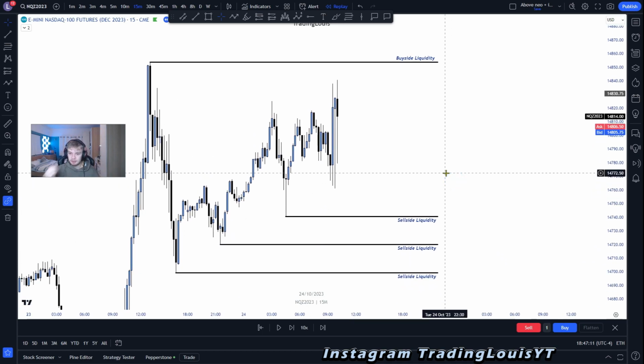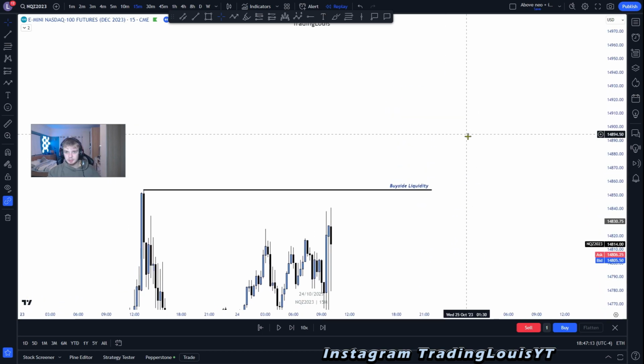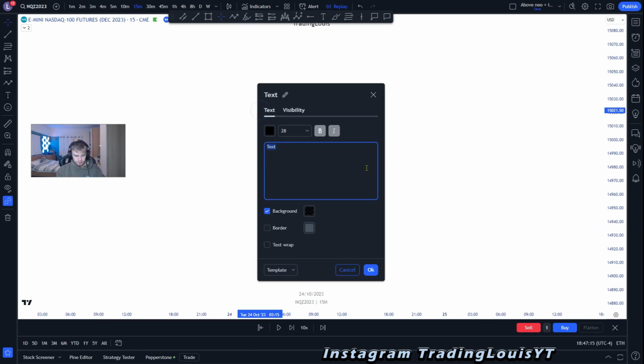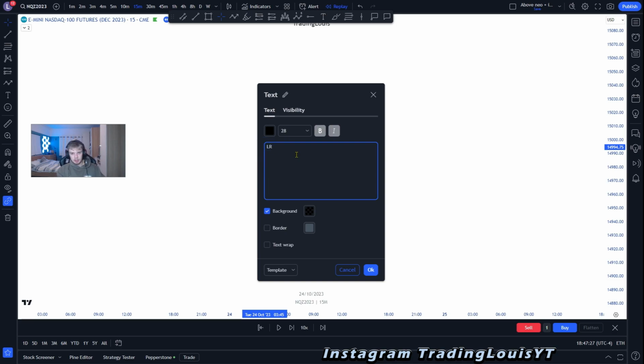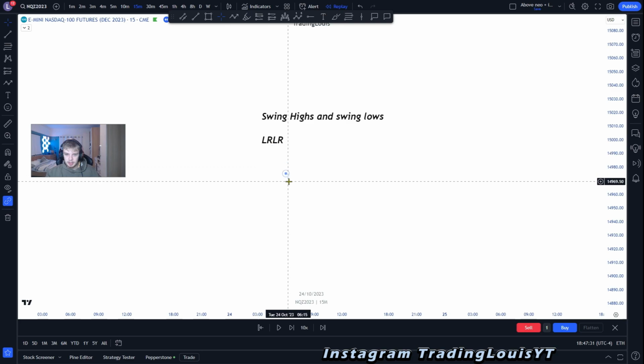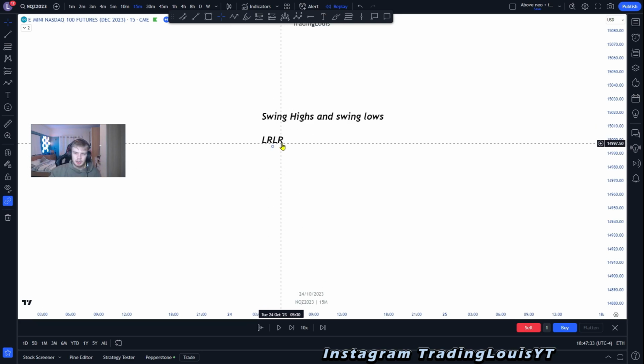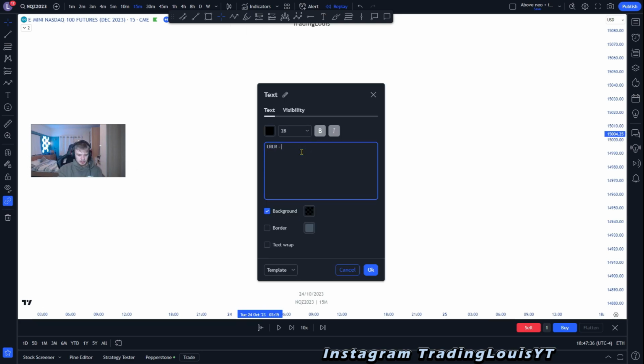There are different types of liquidity. Let me just explain that quickly. You have swing highs and swing lows. You have lower resistance liquidity run, which is like trend line liquidity in a way. So let's mark that trend line liquidity.